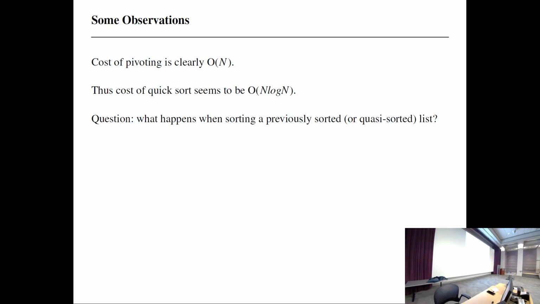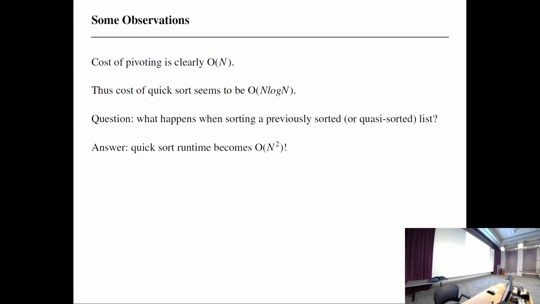But the recursive part, the fact that we're calling ourselves logarithmically many times, depends critically on an assumption that the pivot value is going to be roughly, on average, in the middle of the list. Remember, we made that assumption. On average, if you don't know any information, it's roughly in the middle of the list. The problem is, when the list is already sorted, will that pivot element, which is the first element of the list, be roughly in the middle? It won't be.